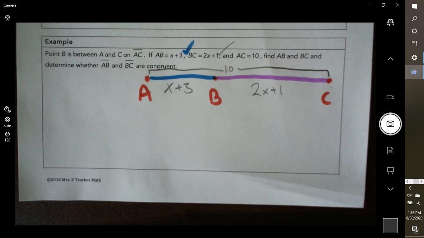Find AB and BC and determine whether AB and BC are congruent.